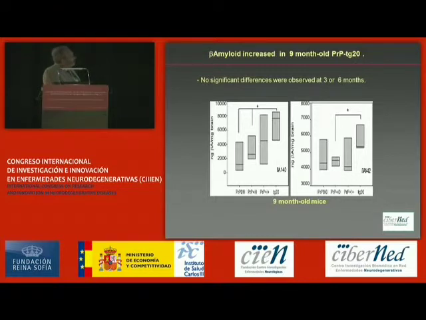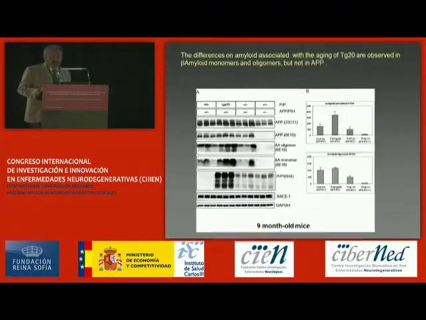However, after 9 months, in older mice, the amount of amyloid 40 and 42 increases in a nice correlation with zero copies, one, two copies of PrP, and this is the 4-6 element. So the amount of A-beta 40 determined by ELISA is clearly increasing in those old animals.